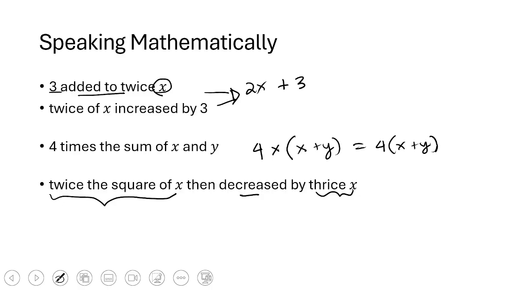Twice the square of x: we multiply by 2 the square of x. And then it is decreased by thrice x. Thrice x, of course, would be 3x. And so that is how we would write these phrases into mathematical expressions. And there you have it.